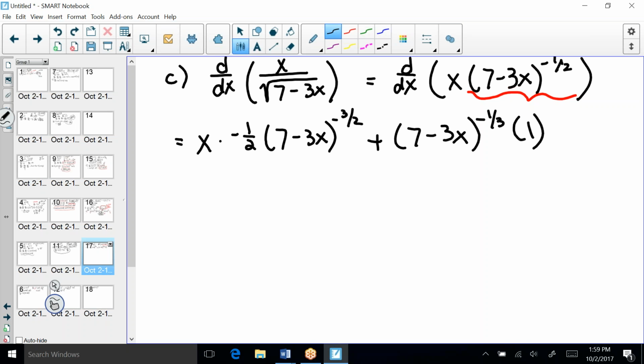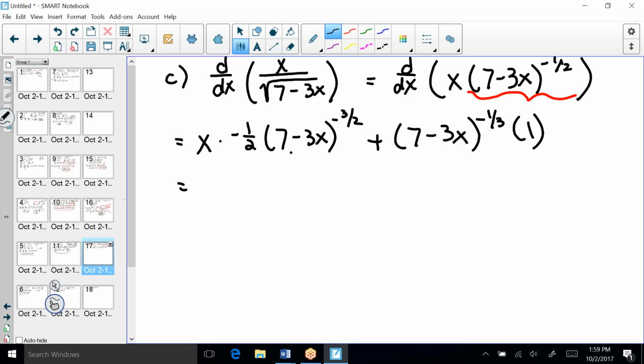All right, then we can simplify this a little bit. So if we want to get rid of the negative exponent, we can leave first times the derivative of the second. I forgot when we were taking this derivative right here. When we were taking this derivative, we brought the negative 1/2 to the front, decreased the exponent by 1, and we have to multiply by the derivative of the inside.